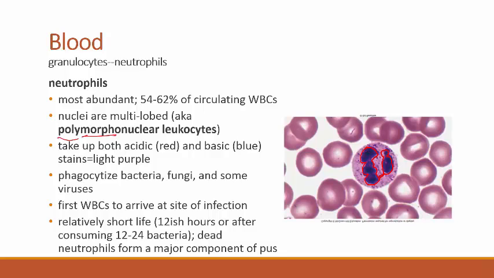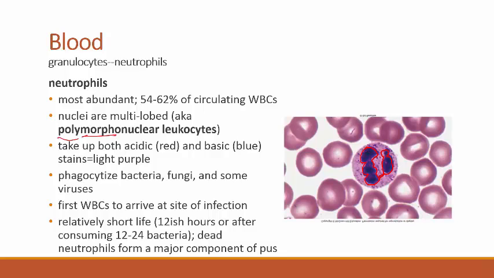So neutrophils will take up two kinds of stain, acidic stain and basic stain. And when you look at them stained with these two stains, because the acidic stain is red and the basic stain is blue, they have a light purple color under the microscope.